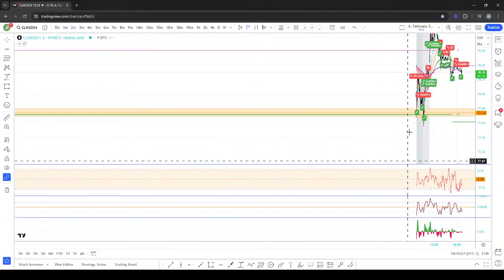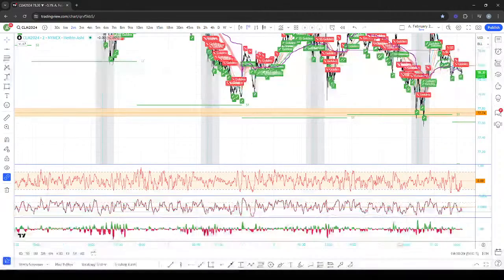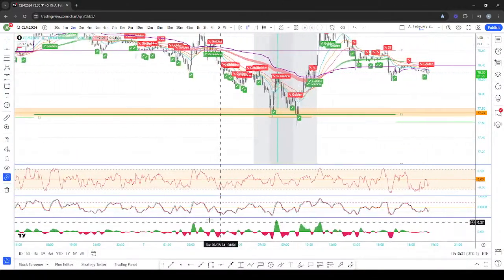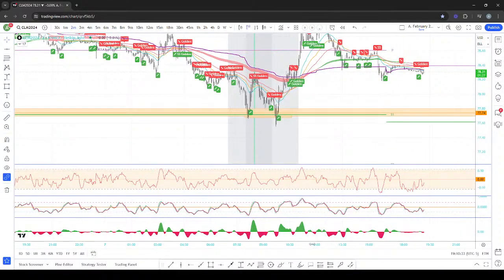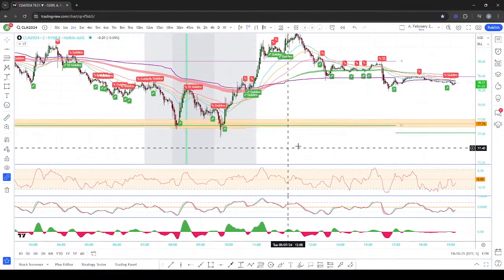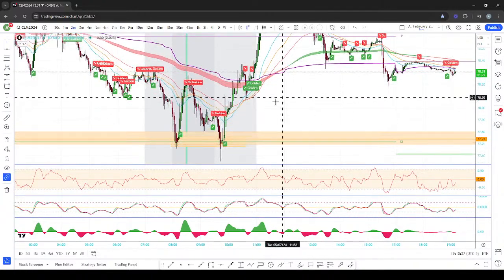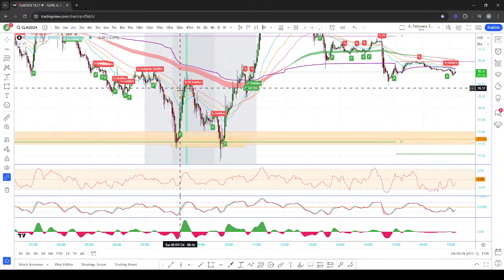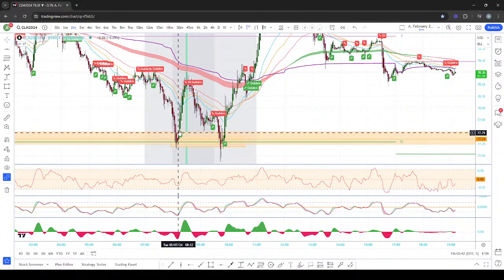So this is what you have to do before you start trading. Okay, and just mark up the chart right in here. And as you can see, this is why price reacted right here.